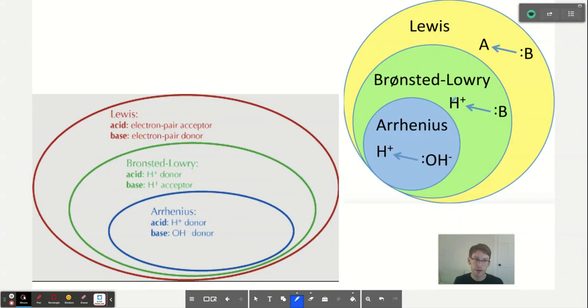Bronsted-Lowry acids pretty much have to have the H plus, and Arrhenius definitely do as well. But notice how our definition broadens when we get to Lewis for acids, because Lewis acids include more than just H plus. And Arrhenius bases have to be hydroxide, but Bronsted-Lowry and Lewis can be broader. They can be a variety of different substances.